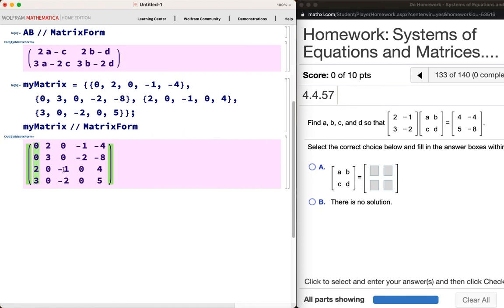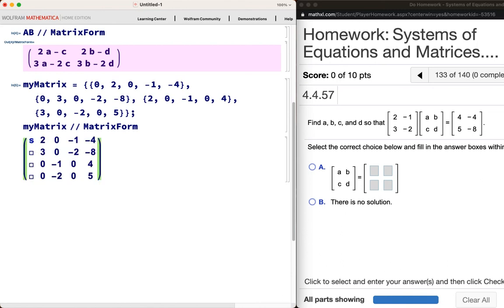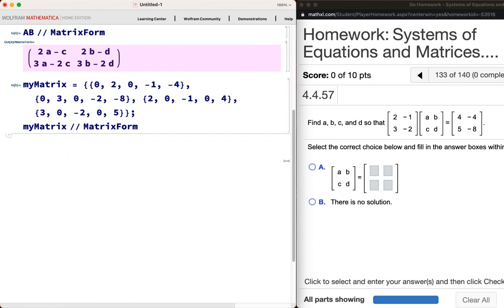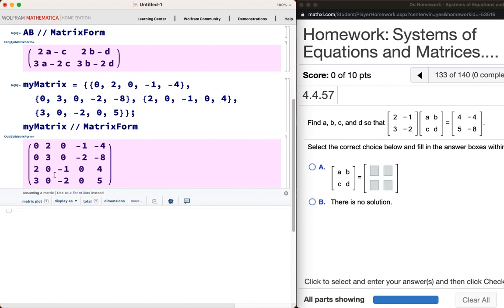So let's start with the column all the way to the left. Is there a number that I can multiply 0 by in order to create 1? And the answer is no. So I'm going to have to swap rows. All right, so what if I put the third row up here?